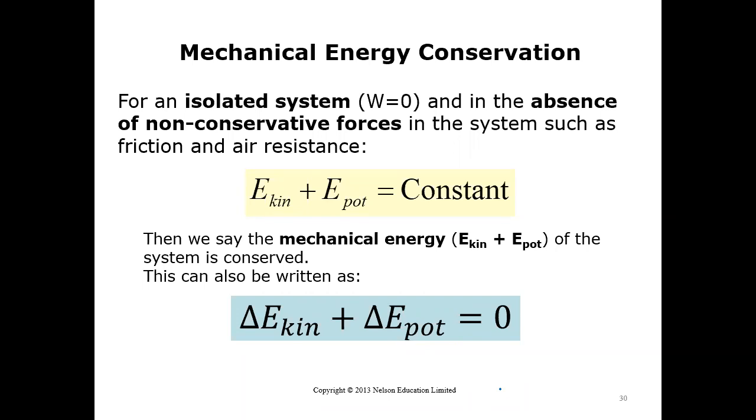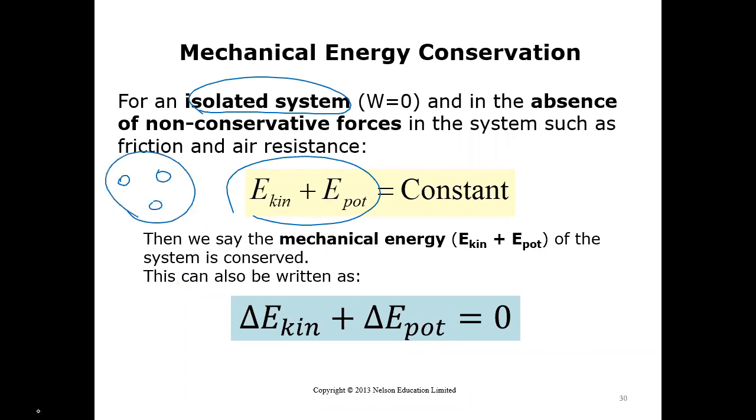Let's look at this slide. So we're going to say the total mechanical energy, provided we have an isolated system. So we're talking about a system now. Isolated system, you remember what an isolated system is from the last class? The way we define it, nothing goes in, nothing comes out.